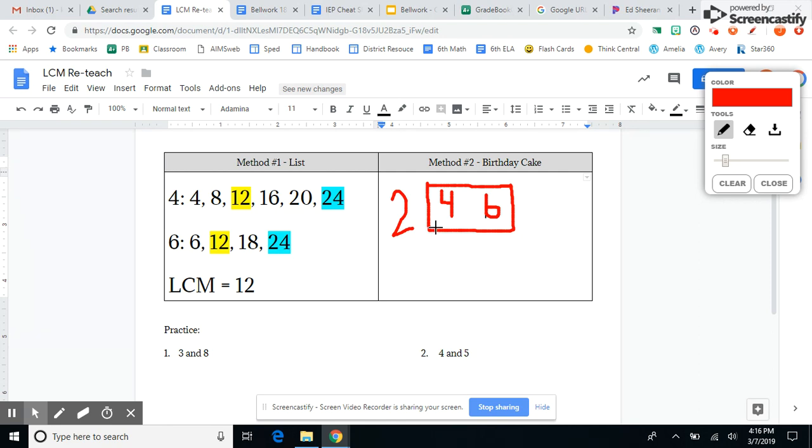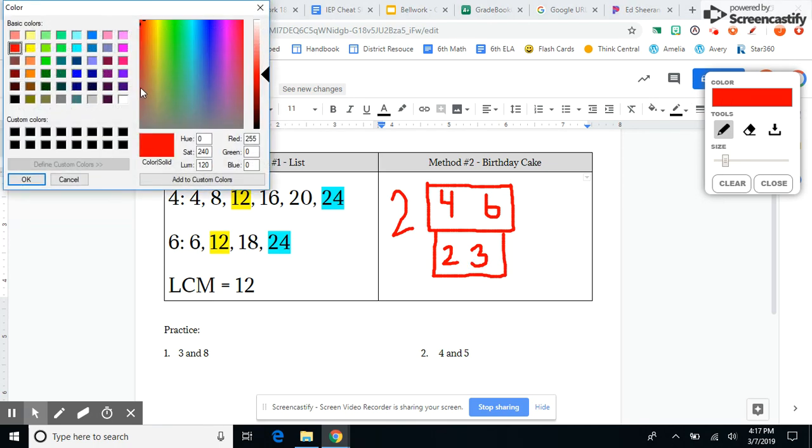Now, we're going to go ahead and draw our next birthday cake layer. And we're going to use this 2 and divide it into both 4 and 6. So 4 divided by 2 is 2. And 6 divided by 2 is 3.